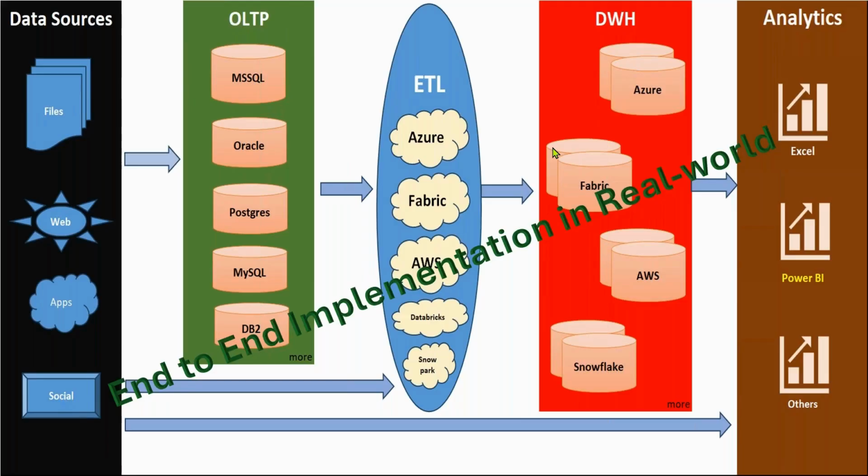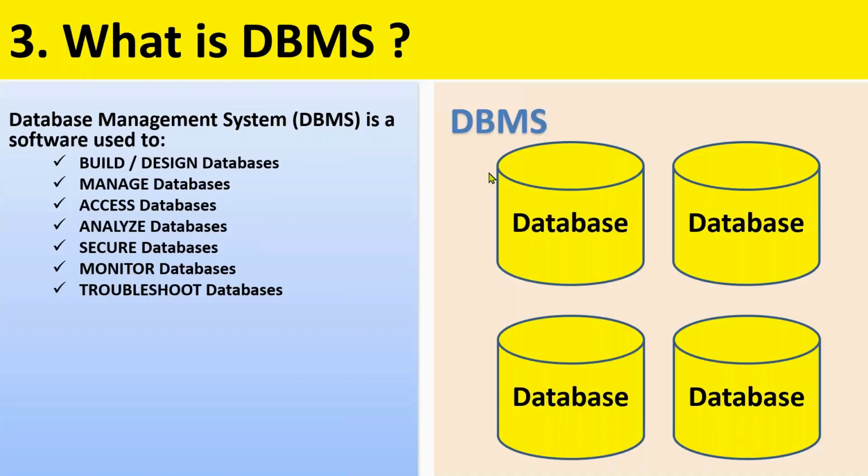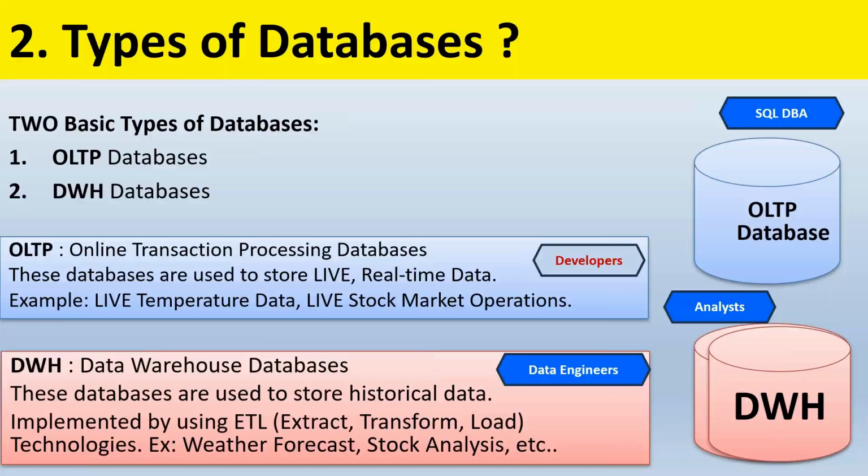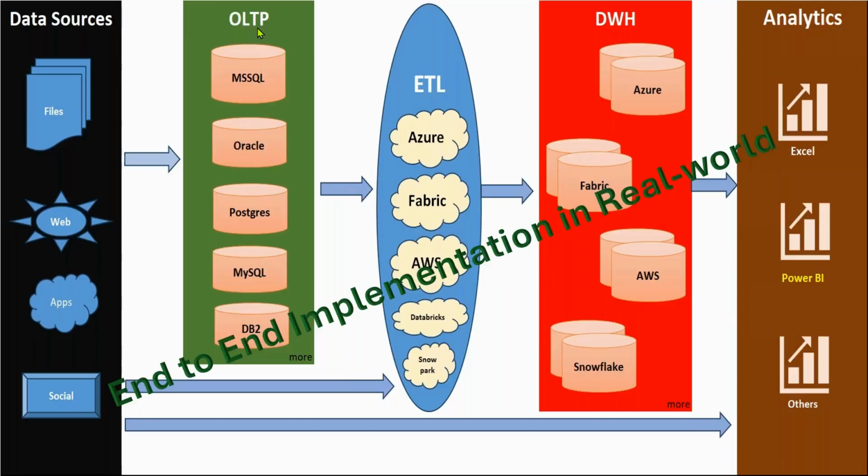To implement this database, ETL, warehouse and analysis, we need certain software. One of them is DBMS. I repeat again, friends, to implement OLTP, ETL, warehouse, and analytics, all 4, one software is not enough.